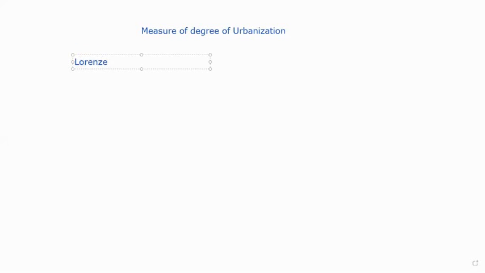it's called the Lorenz curve. Then Gini coefficient.